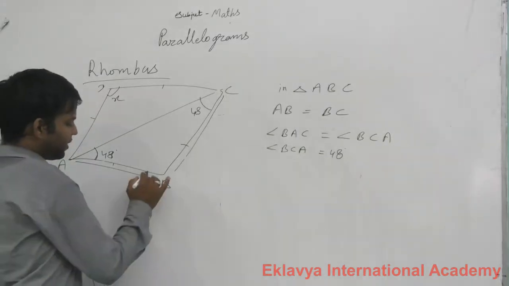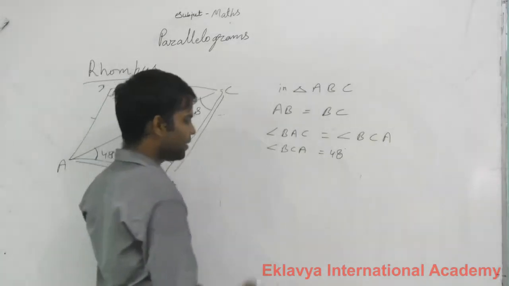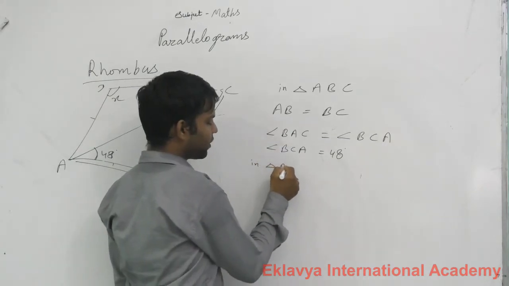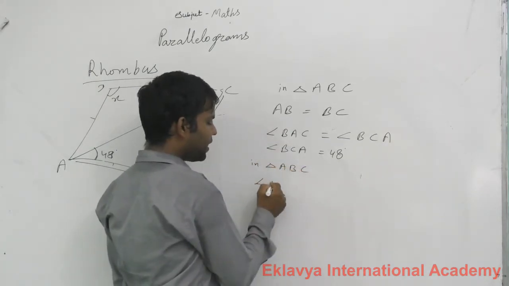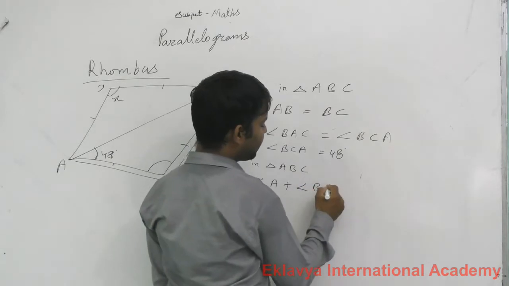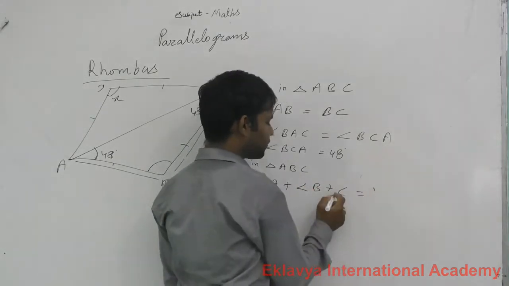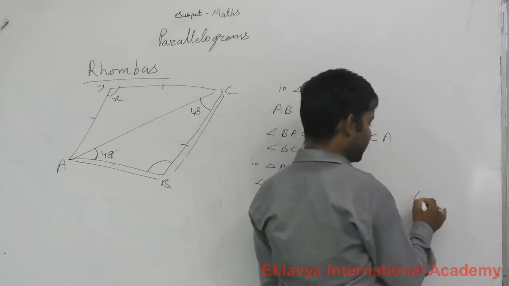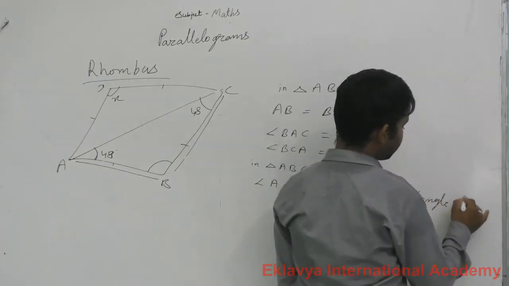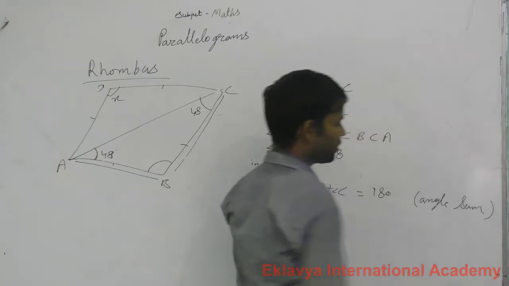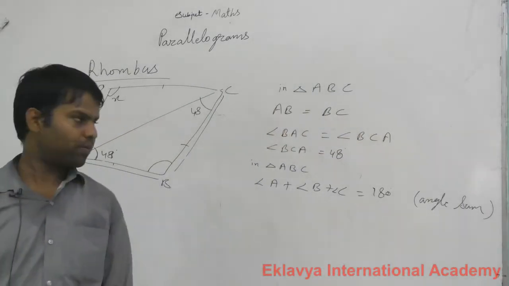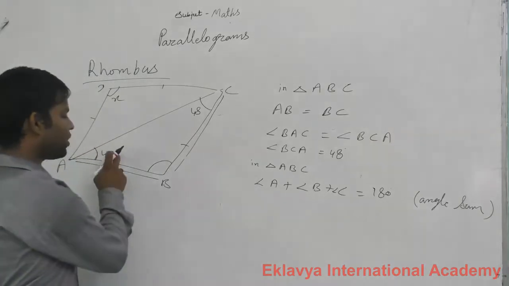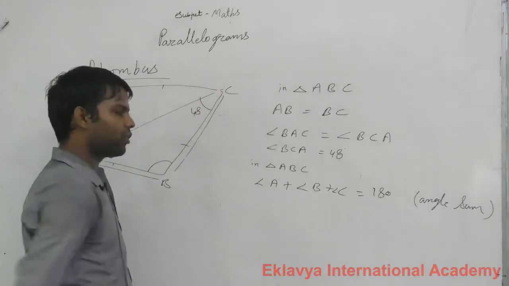Now we want to find this one angle, angle B. Then in triangle ABC again, angle A plus angle B plus angle C is equal to 180 degrees. It is the angle sum property. Then angle A we have 48 degrees, angle C we have 48 degrees.